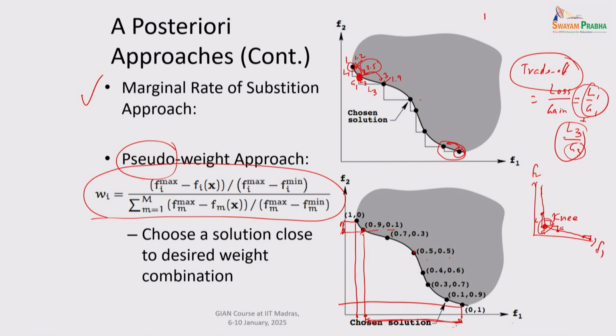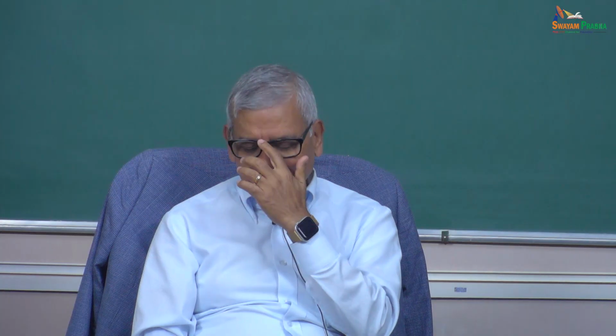Now that I have computed it, I know a sort of equivalent weight for trading off these two objectives, giving importance to the two objectives. I now have something in mind: I'm looking for a solution with F1 giving 2 times the importance of F2. I know it's difficult to do, but it's sort of like buying a car.